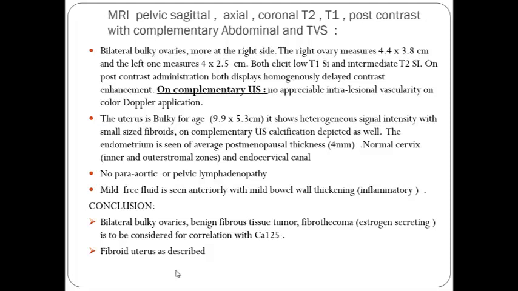Heterogeneous signal, fibroids, no para-aortic lymphadenopathy, no free fluid, no bowel wall thickening. And it was reported as a fibrothecoma, estrogen producing. And you know that an estrogen producing fibrothecoma can cause troubles in the uterus and can cause dysfunctional uterine bleeding.